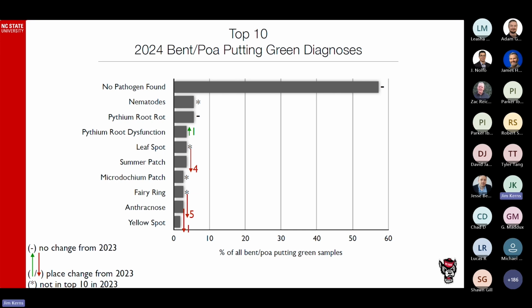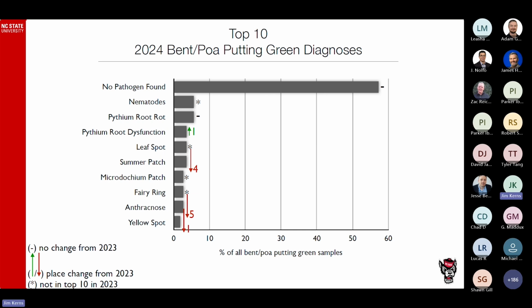And we see more and more, especially root knot and, a distant second, lance on bent POA putting greens throughout the U.S. And that's concerning, right? Because we need to understand how to manage that, because I think we have a really good handle on how we manage sting nematode, for example, and we won't have time to get into that today.